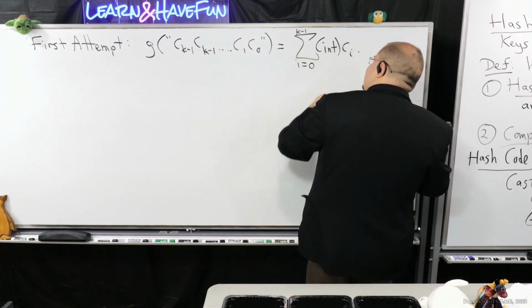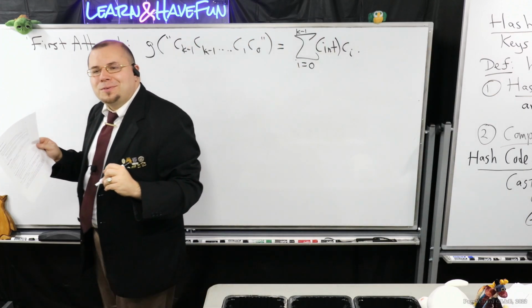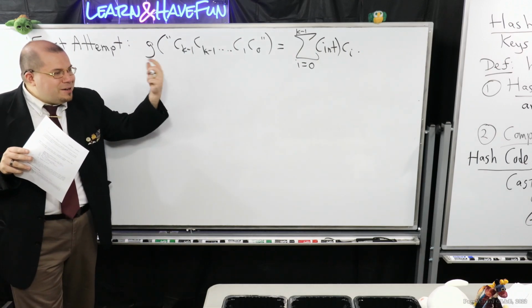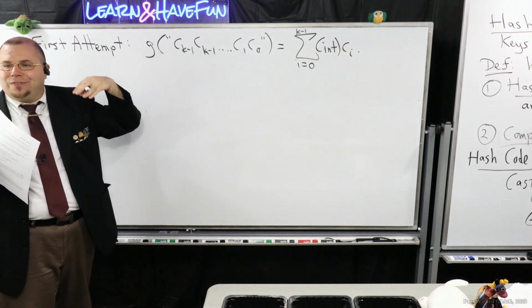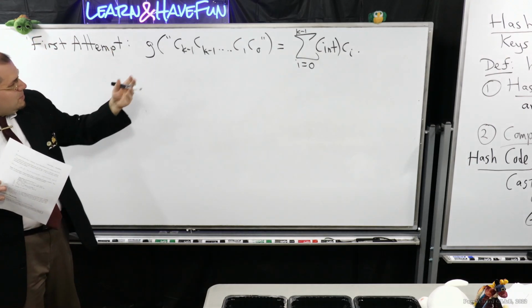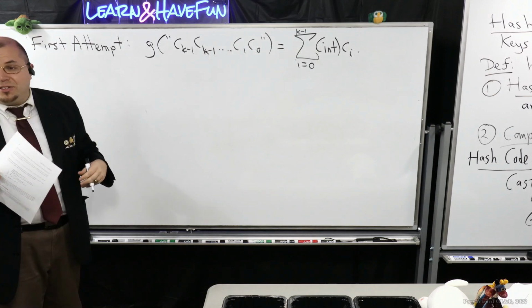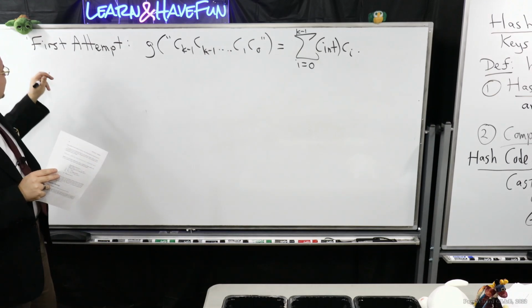You can implement this with a very simple for loop. You just take what I wrote over there and put it inside a for loop, where your position i iterates from 0 all the way up to and including k minus 1. So this is the first attempt for a hash code.